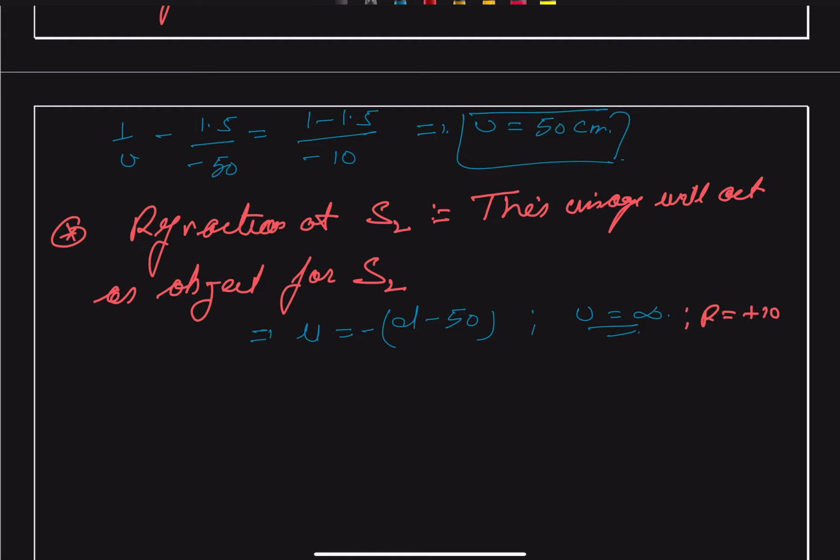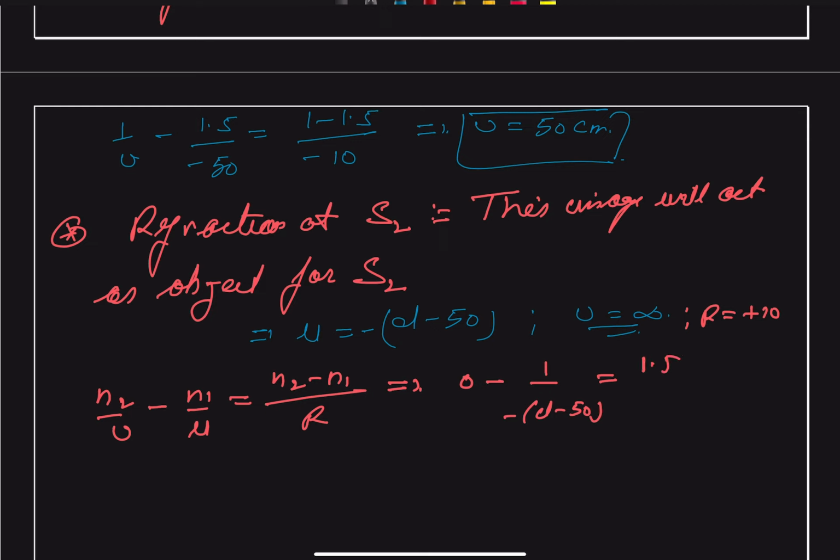We use the same formula, n2 upon v minus n1 upon u is equal to n2 minus n1 upon r. We substitute the values and we get the first term as 0 minus, and n1 is 1, this comes as minus of minus d minus 50, equal to 1.5 minus 1 divided by 10.